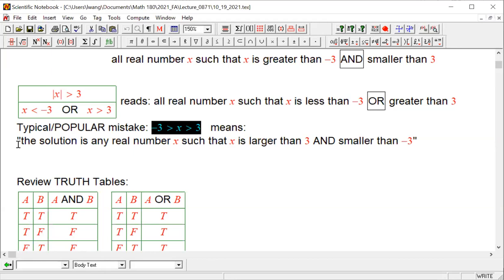You need to understand that in mathematical language, this means the solutions are numbers that are larger than +3 and smaller than -3. Does such a number even exist? Tell me, can you give me a number that's larger than 3 and smaller than -3?